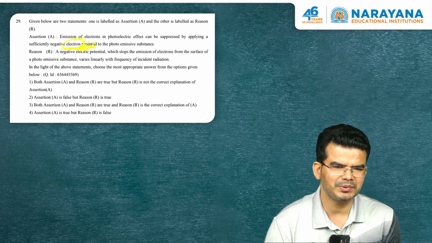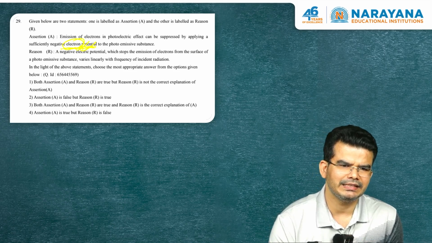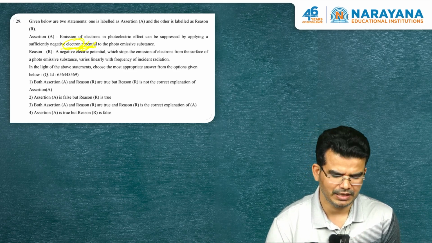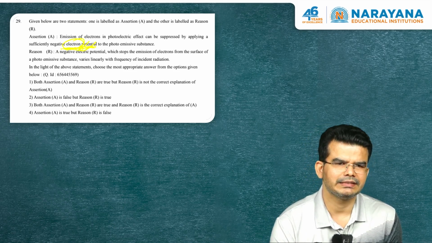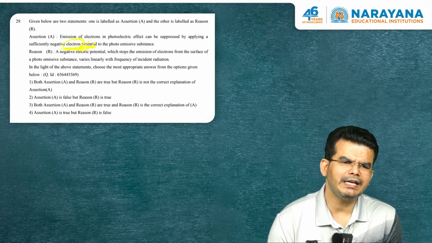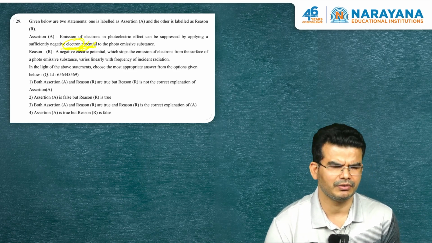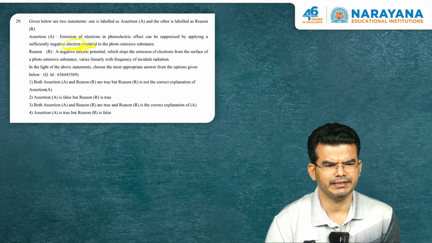So, this word is definitely wrong, this line is definitely wrong. So, I can say 100% that in the assertion this line is incorrect, because this wording is definitely wrong. But let us say it is electric potential. So, 100% right now I can say the assertion is wrong, but let us say it was electric potential, then what can I say about this statement?